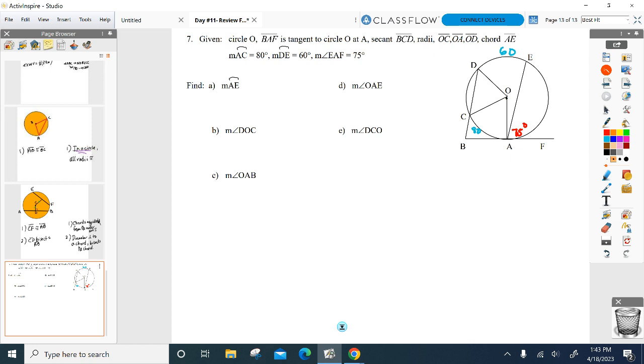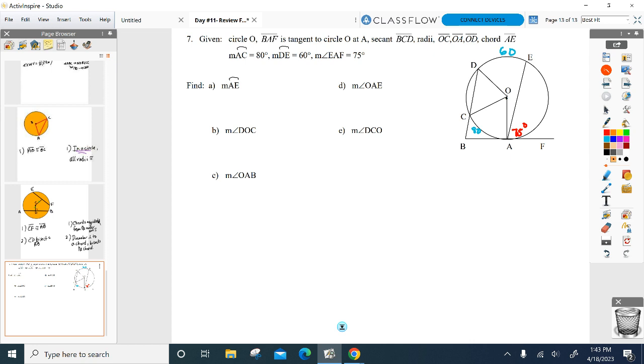Okay, what's AF? That is part of a tangent. And EA? EA is a chord. So we got a rule for that, right? How do you find a tweener angle that's formed by a chord and a tangent?